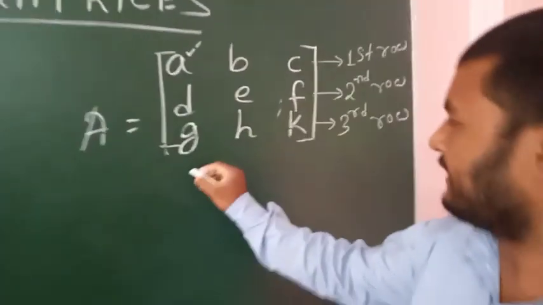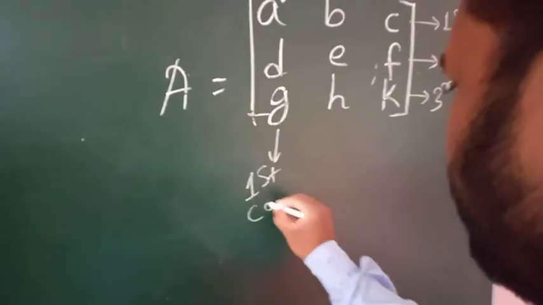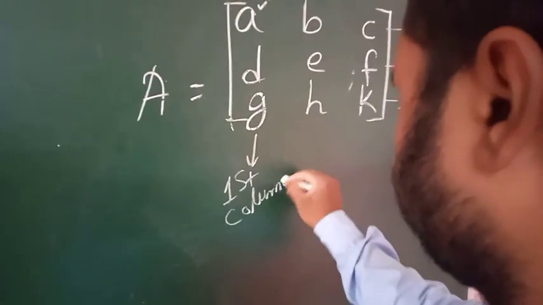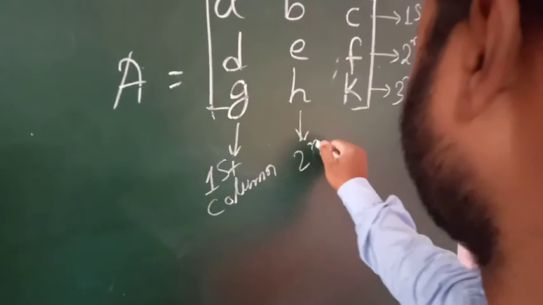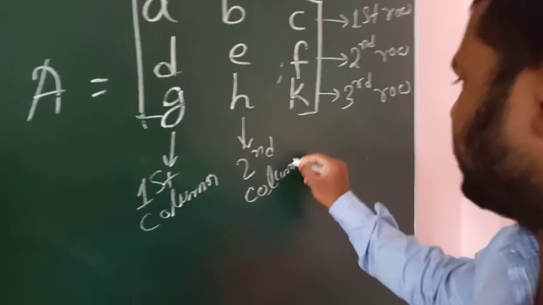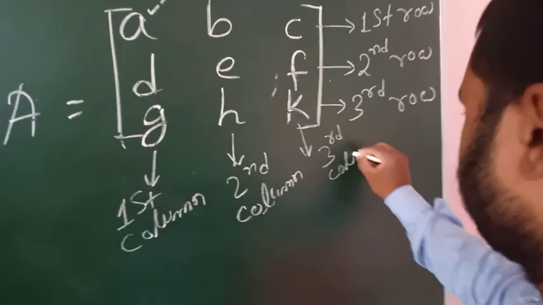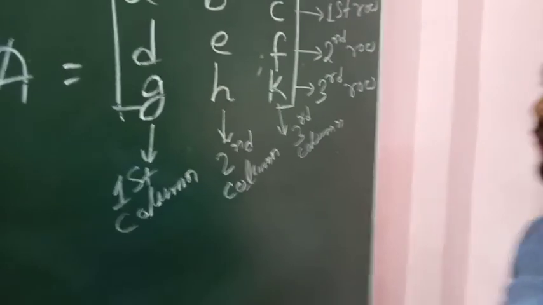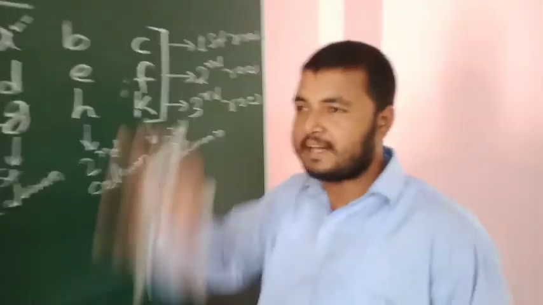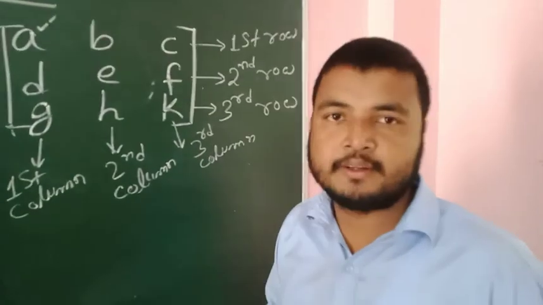This is the first column, this is the second column, and this is the third column. Note it down. When you watch the video, please draw the matrix, then only you will understand the topic more nicely.